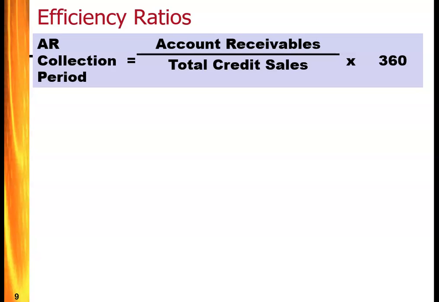It is the same ratio, whereby the formula is total account receivables, or sometimes they use net realizable value of account receivables, but you can use the total account receivables, divided by the total credit sales. Sometimes the business does not provide you the information of credit sales. You may use the sales figure or the net sales figure. However, it will be more accurate if you use the total credit sales.